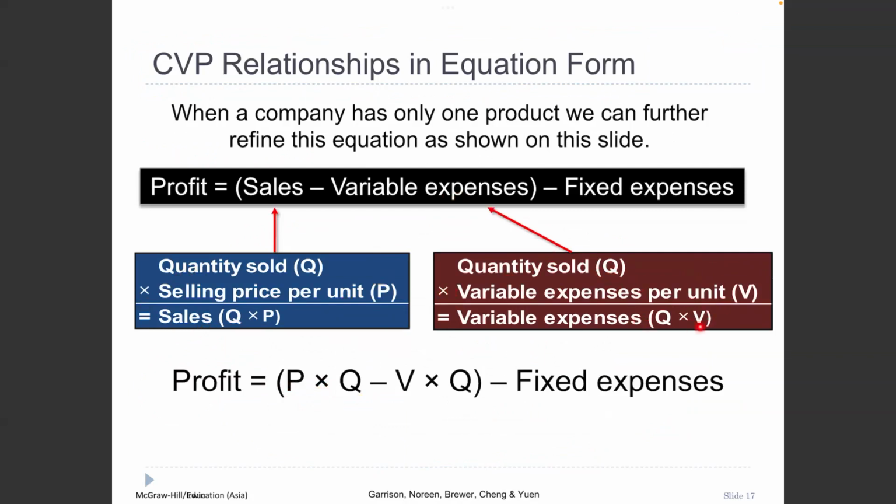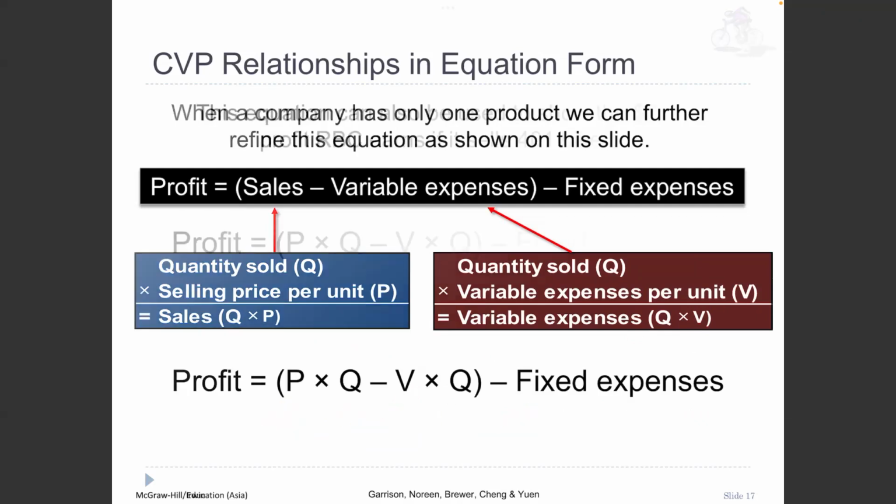So that equals V multiplied with Q, minus fixed expense. If you were to simplify this, you can put it this way: P minus V, selling price per unit minus variable expense per unit, multiplied with the quantity being sold. Then you minus the fixed expense.